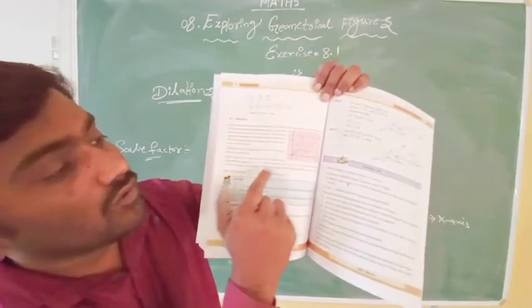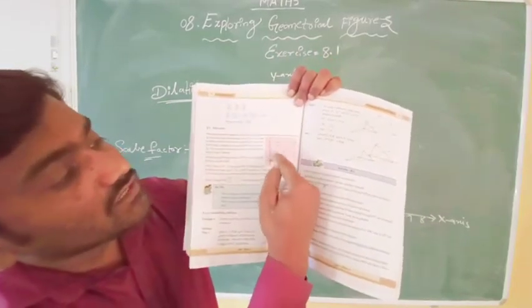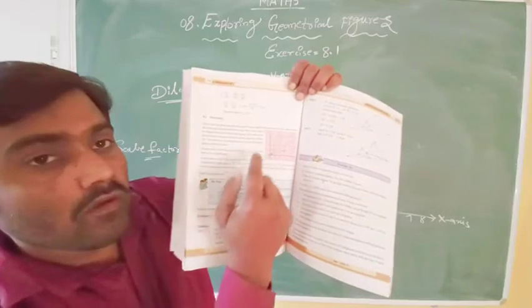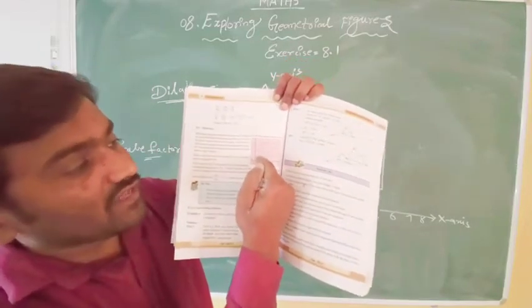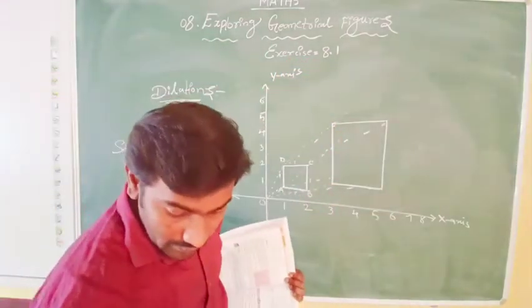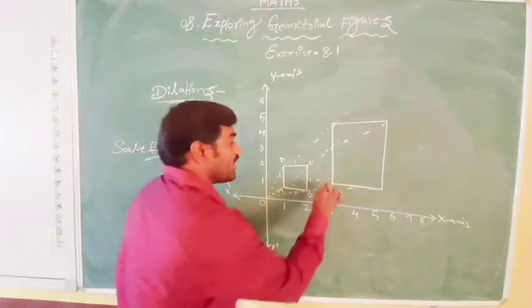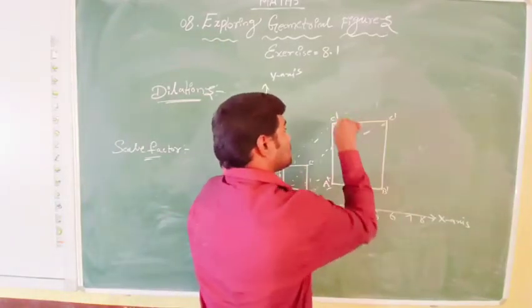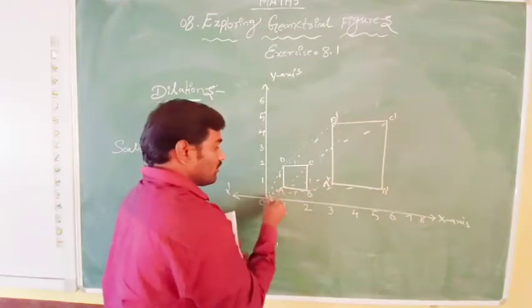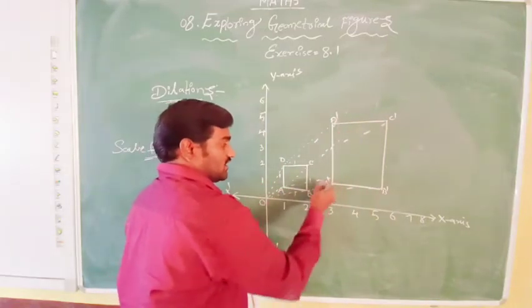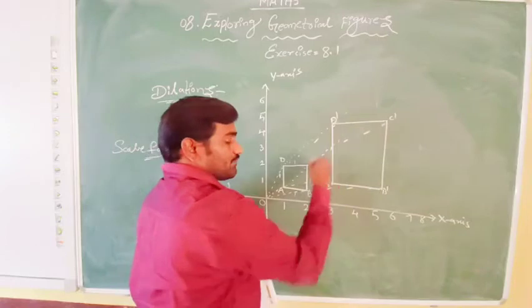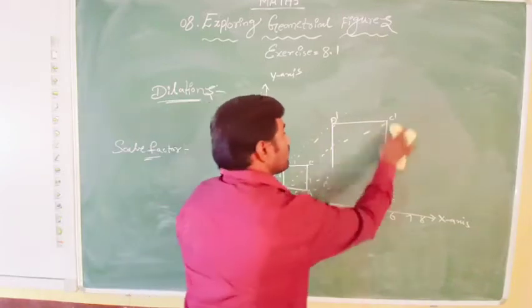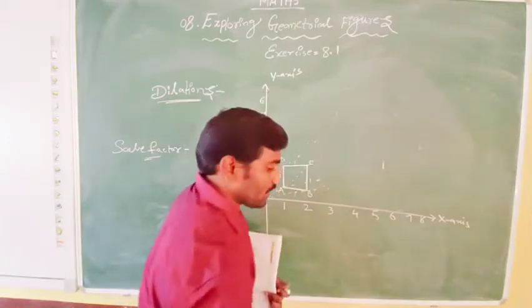It is OA dash by OA. How many units are there from O to A dash? Here you give the names A dash, B dash, C dash and D dash. O to A dash, the distance. If it is a graph, you will understand better. I will be drawing here.